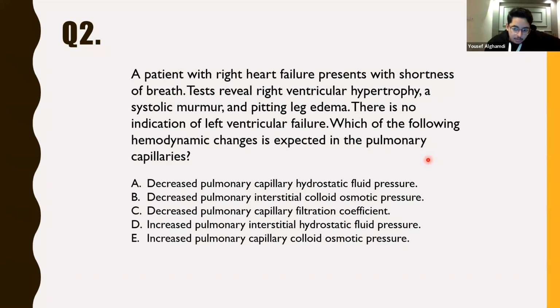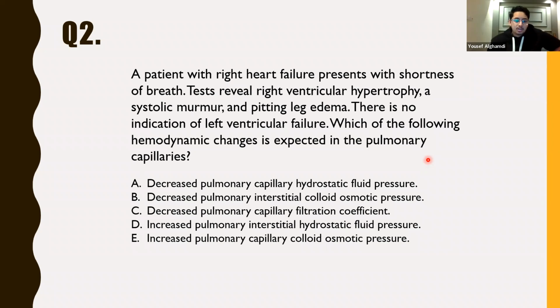Would someone else like to read, or shall I just read? I'll read. A patient with right heart failure presents with shortness of breath. Tests reveal right ventricular hypertrophy, a systolic murmur and pitting leg edema. So leg edema, now we know it's right heart failure, right?